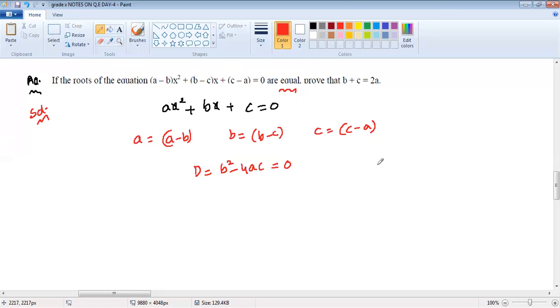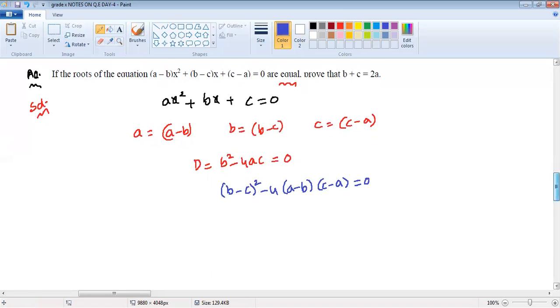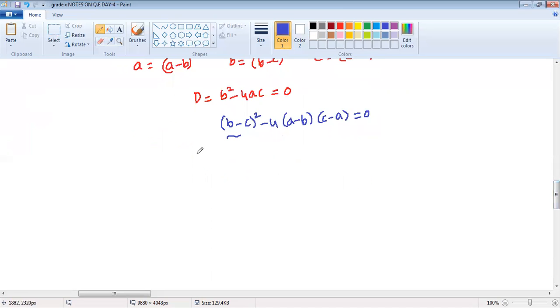Yes, sir. Then please write b square value in this sense. It becomes b minus c whole square minus 4 into a minus b into c minus a is equal to 0. Then please expand it now. b square plus c square minus 2bc minus 4 into, please open a into c minus a minus b into c minus a, which is equal to 0.